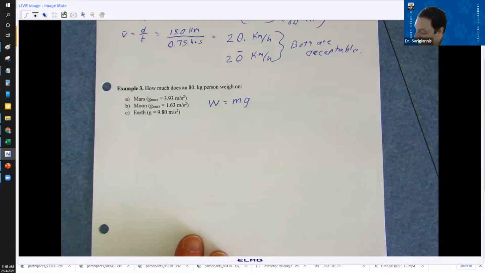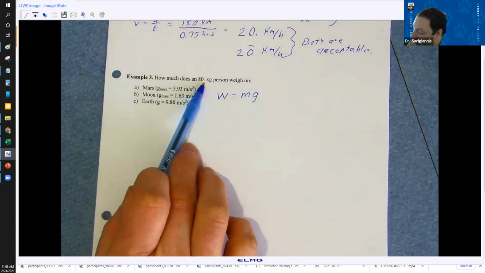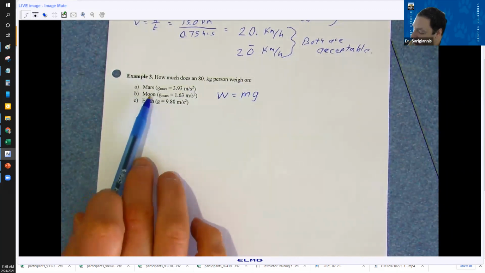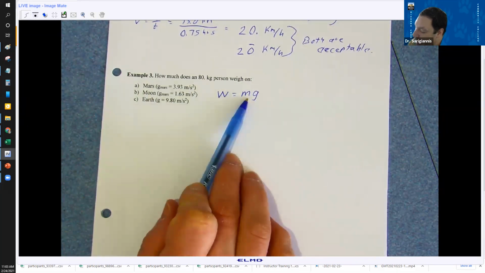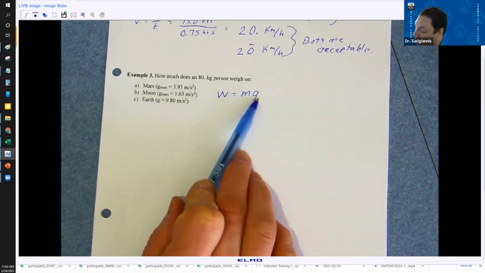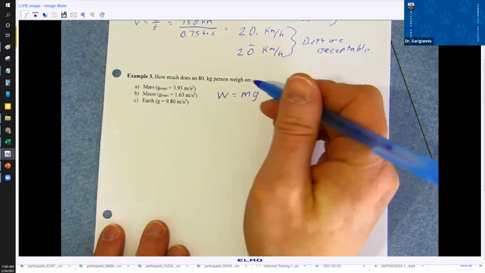All right. So let's know how much does an 80-kilogram person weigh on Mars, Moon, Earth, right? So notice here, the weight is a function of mass times gravity, right? So our weight is going to depend on the planet we're on.